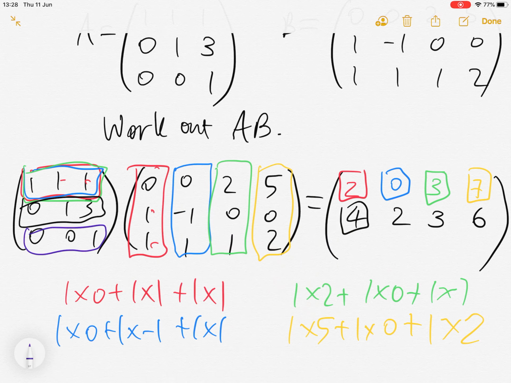So to get this entry, we use this row and this column. 0 times 0 plus 0 times 1 plus 1 times 1, that's 1. And then 0 times 0 plus 0 times minus 1 plus 1 times 1 is 1. 0 times 2 plus 0 times 0 plus 1 times 1 is 1. 0 times 5 plus 0 times 0 plus 1 times 2 is 2.